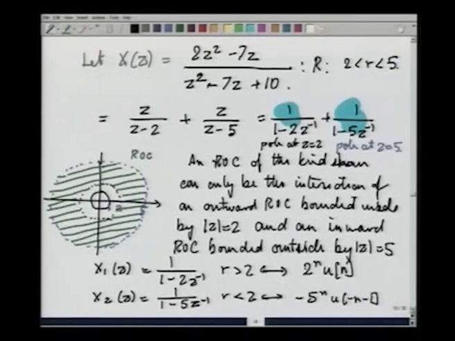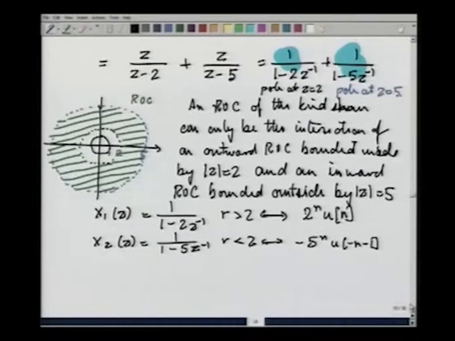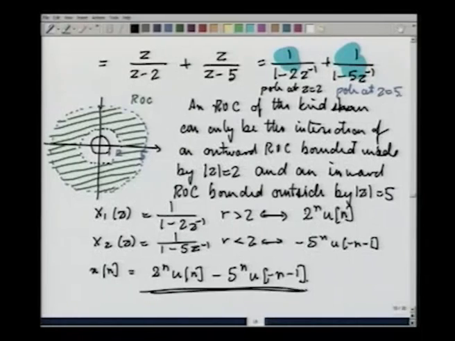So, adding the two terms together, we can write that x n, which is the inverse transform of the complete X z that was given to us, is 2 to the n u n plus, or rather minus 5 to the n u minus n minus 1. This is the complete exercise of inversion.